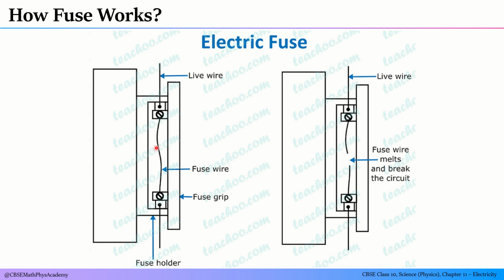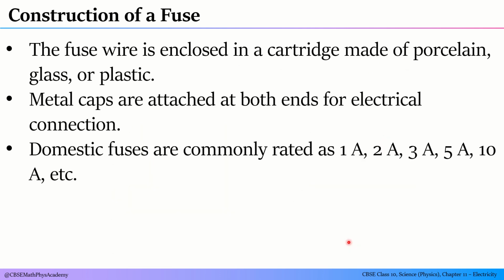When the current flow increases and the wire becomes heated, because of the low melting point, the fuse melts immediately and breaks the circuit, meaning the current cannot pass further. So that is how the fuse is constructed. This fuse is covered again in your next chapter as well. Let us see one or two extra details.